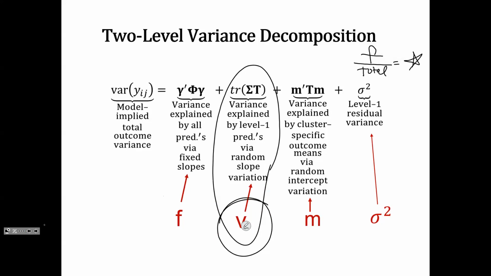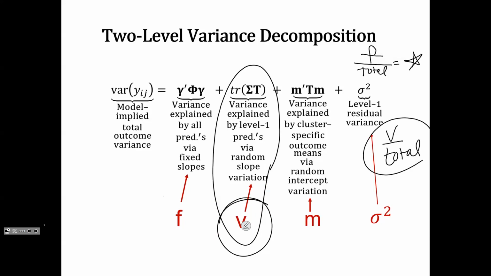I like that one. B divided by the total is also really interesting because this tells me what proportion of the total variance is explained by the slope variances and covariances, right? So I can get an idea here about how much variability my randomly varying slopes are explaining in terms of the outcome variation.